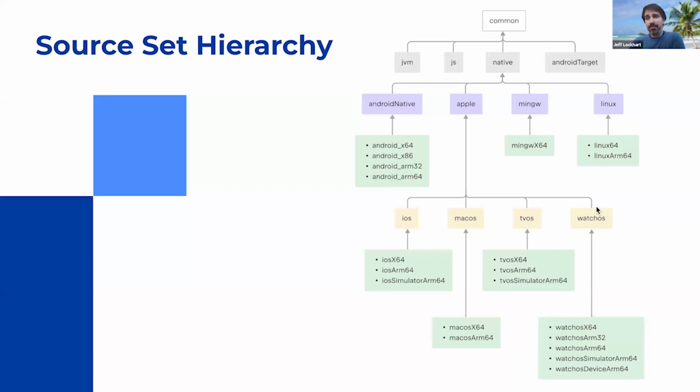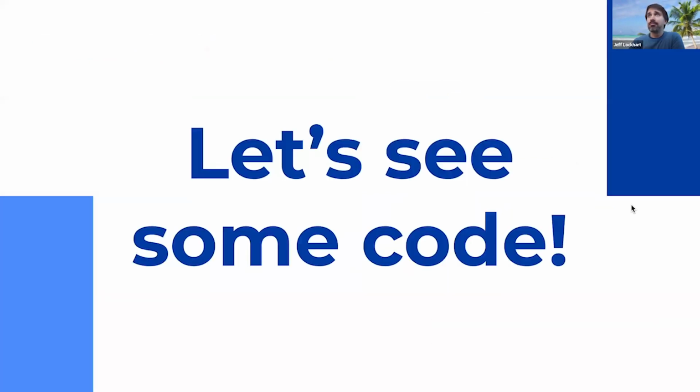So you actually have a lot of opportunity where you could share, for example, your data models or some of your business logic around handling that data, and write that in common Kotlin code, put it in its own module, and then share that with a JavaScript flavor of Kotlin. So yeah, that's it for the slides. We can go ahead and jump into some code.